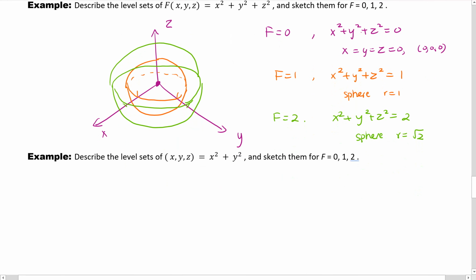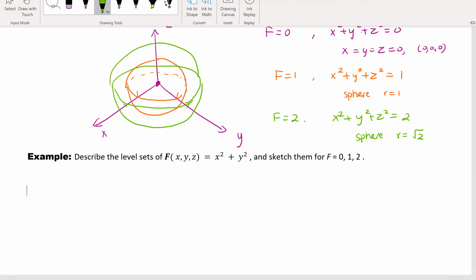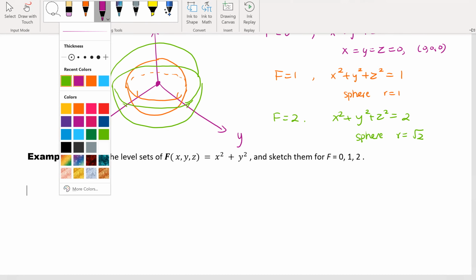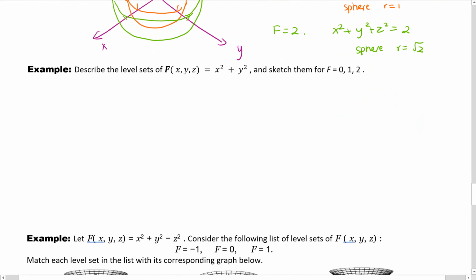Describe the level set of, oh, I missed an f there. f of x, y equals x squared plus y squared, and sketch them for f equals 0, 1, 2. Let's see here. Okay, so let's draw the x, y, z axis.